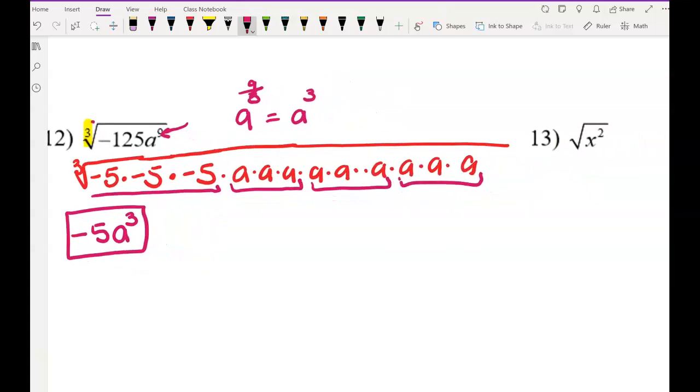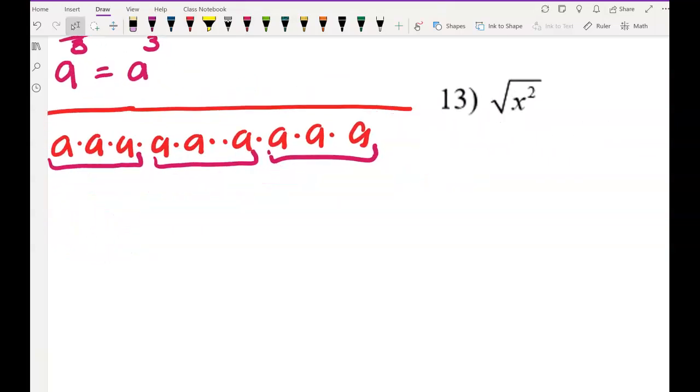But what happens when we have a square root, like example 13? Could a square root have negative numbers on the inside, for example like this? We can't, because that's going to be imaginary numbers. That's not going to be possible. So when we have a square root, we have to know that only positive numbers can go inside.